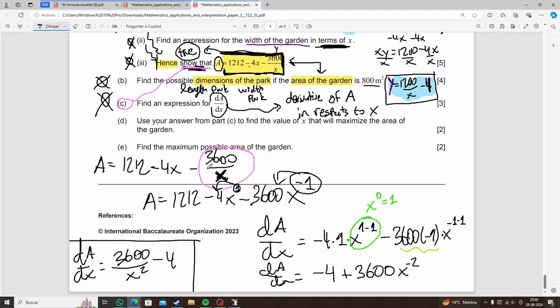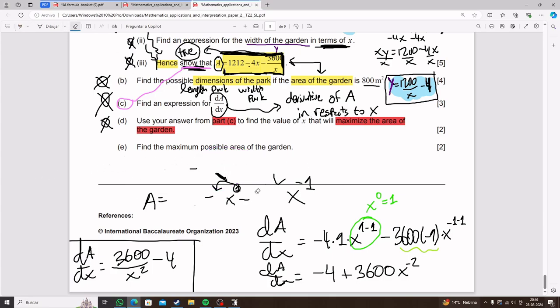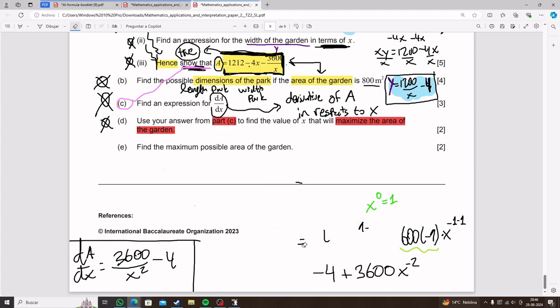All right. And so for part D, it literally says use your answer from part C, okay, to find the value of x that will maximize the area of the garden. And so here, there's a quick sort of hint that I have to give you, okay? Guys, whenever you want to maximize or minimize something, or even more generalized, whenever you want to optimize something, you have to ask ChatGPT.